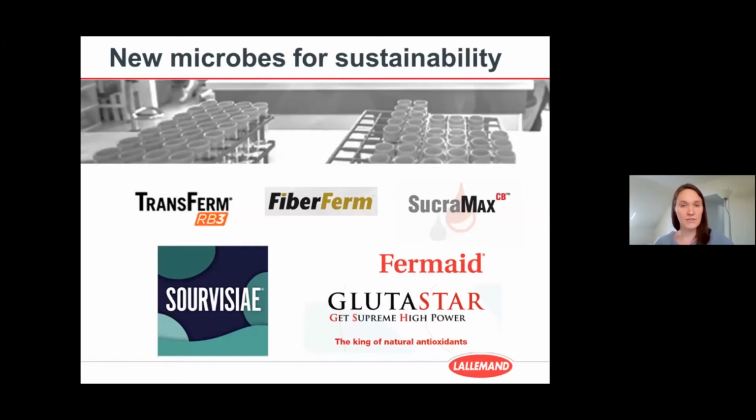These are inactivated yeast strains that have high levels of glutathione, which is an antioxidant that in baking helps with dough development, and in wine is important for preservation of flavors and other compounds.